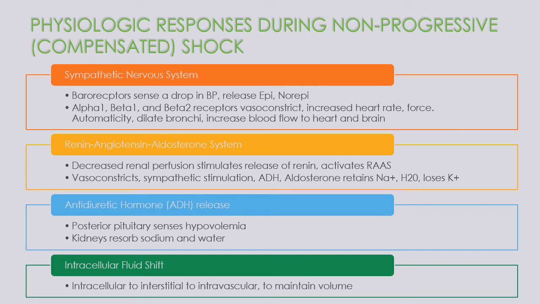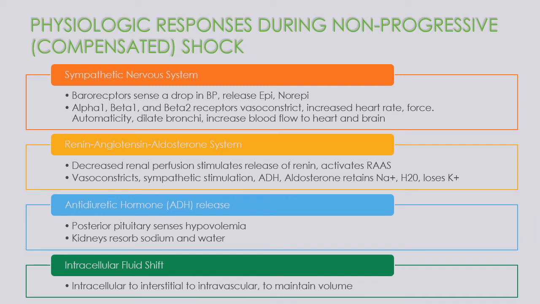So in response to a hypovolemic state, I have epinephrine, norepinephrine, antidiuretic hormone, aldosterone, and angiotensin 2, all working to hold on to whatever blood volume I have, decrease urinary output, increase cardiac output to maintain end organ perfusion. Obviously, the biggest end organ that we're worried about is our brain.